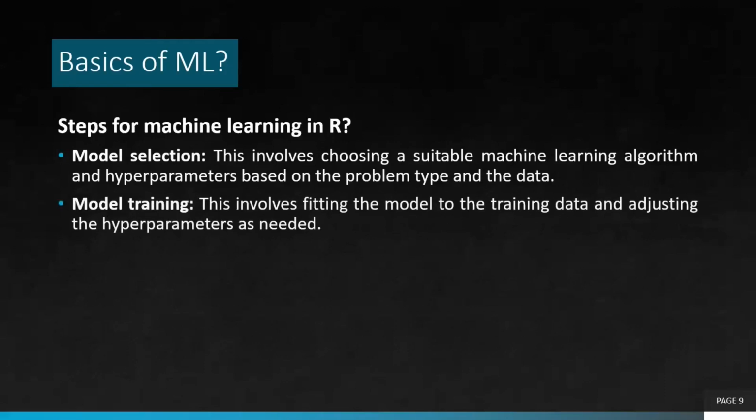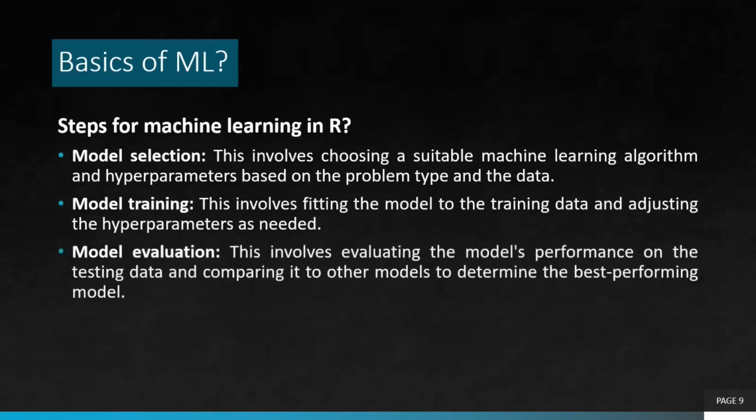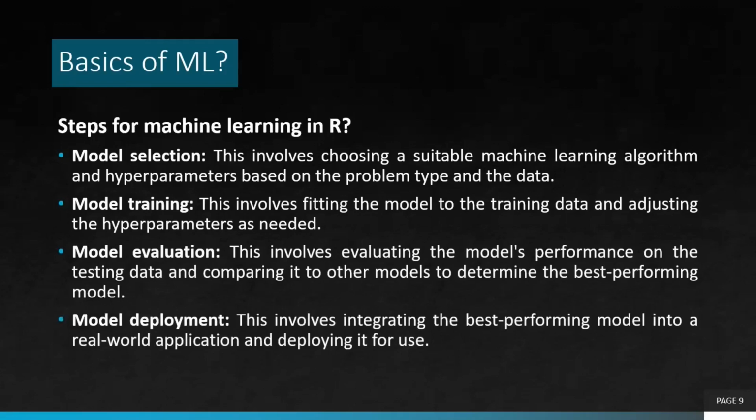Then we have model training. This involves fitting the model to the training data and adjusting the hyperparameters as needed. Next, we have model evaluation. This involves evaluating the model's performance on the testing data and comparing it to other models to determine the best performing model. In the last, we have model deployment.